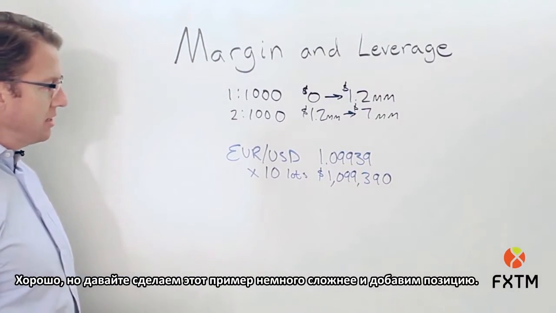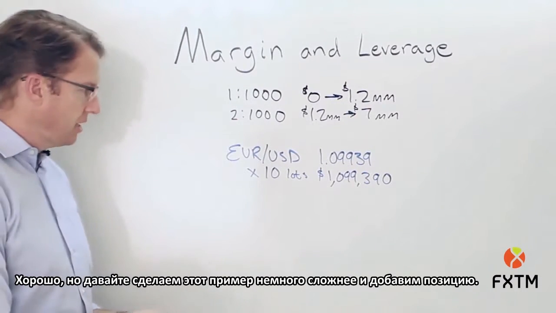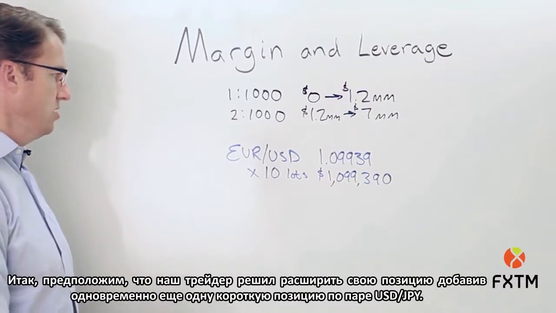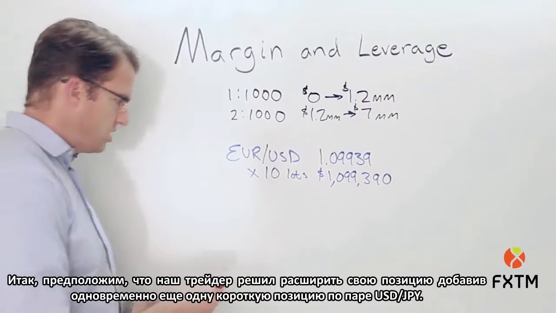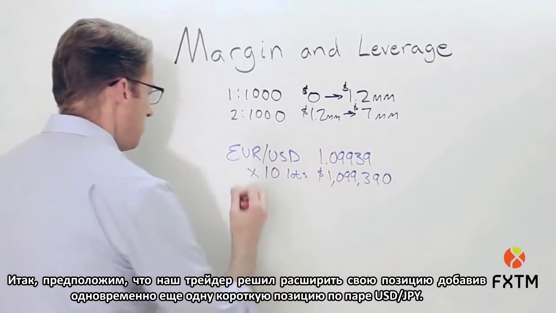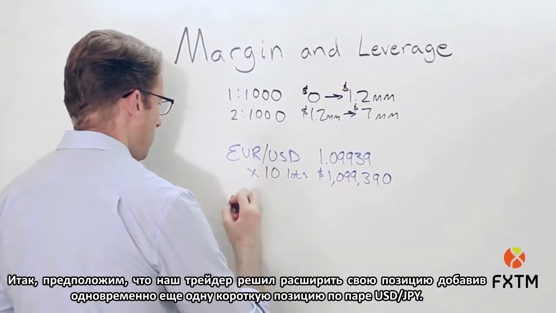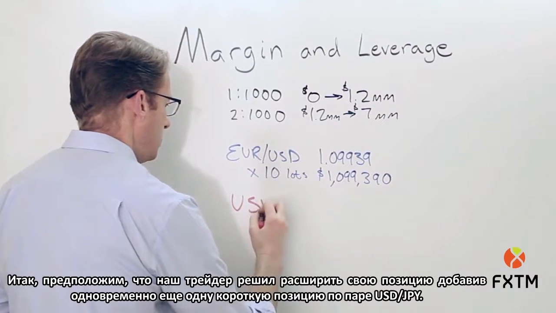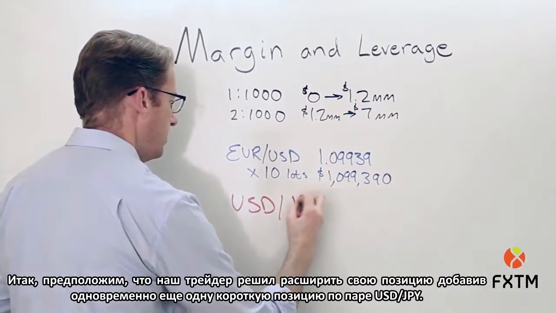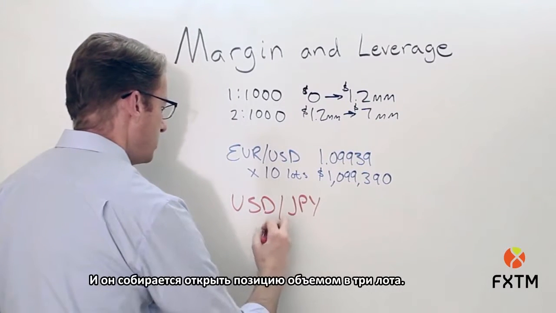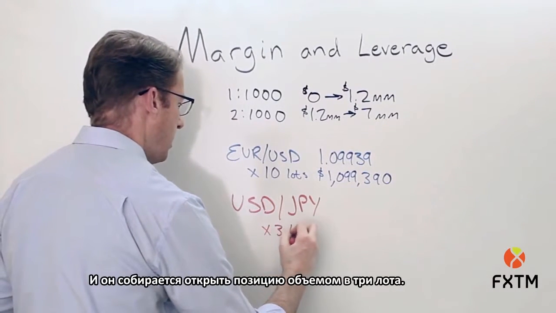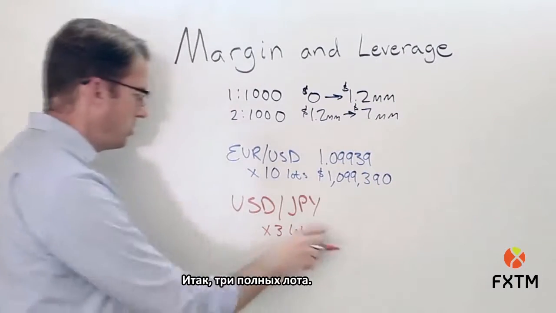All right, but let's say that we make this a little bit more complicated and add a position here. So we'll say that our trader has decided to enlarge her position by simultaneously going short the dollar-yen pair, and she's going to open up 3 lots of that one. So 3 full-size lots.